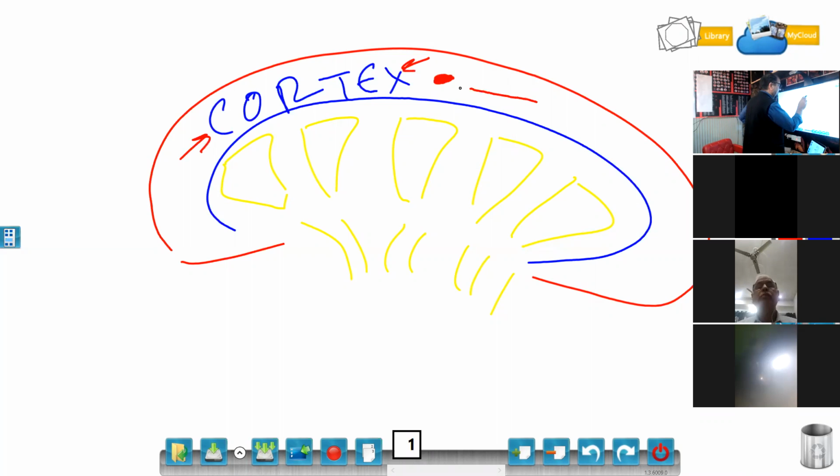So if you see a hyperechoic dot in an area of cortex, will that be a calculus? Or if this dot is somewhere in the collecting system, near the pyramids or in the collecting system itself.